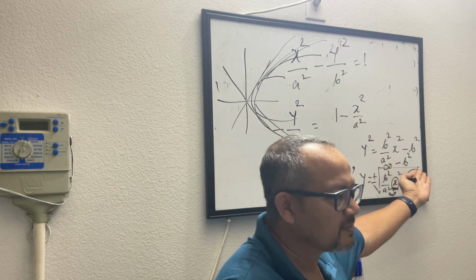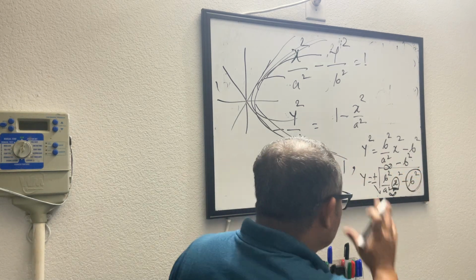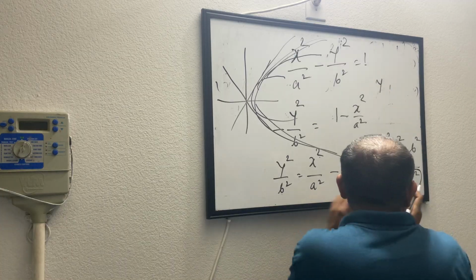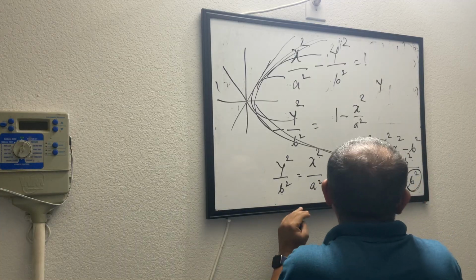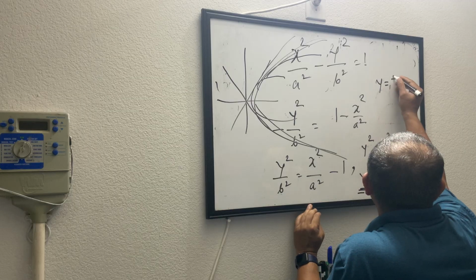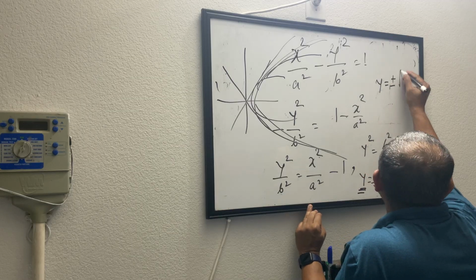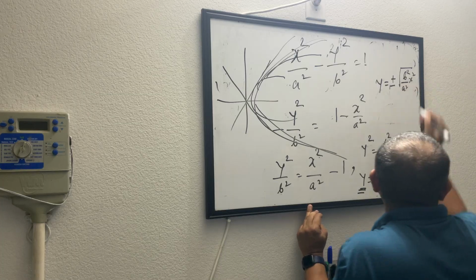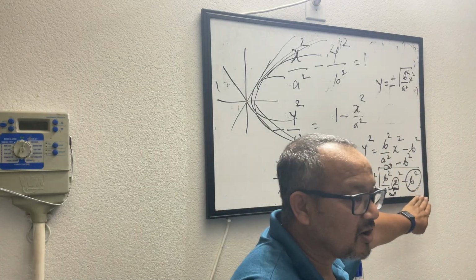This is negligible, I can just ignore it. So y, when we tend to infinity, will be equal to plus or minus the square root of b squared by a squared times x squared.